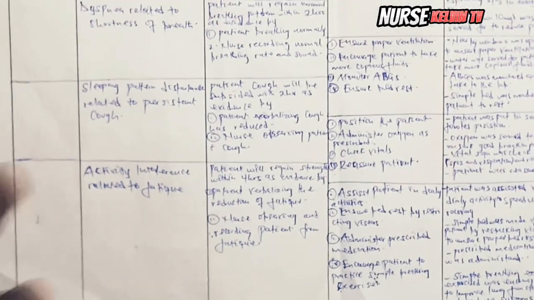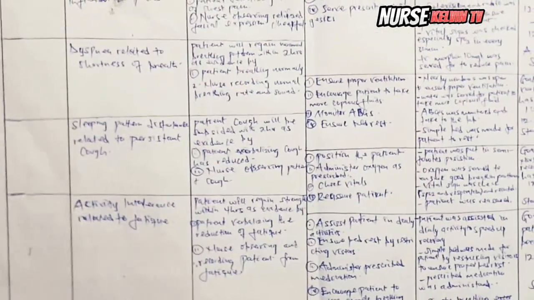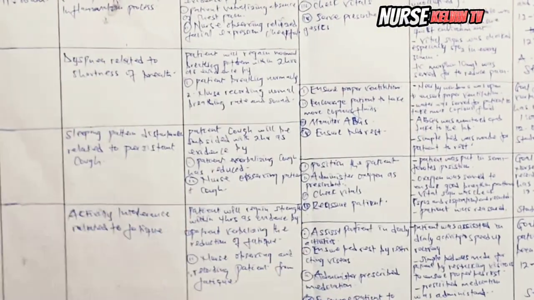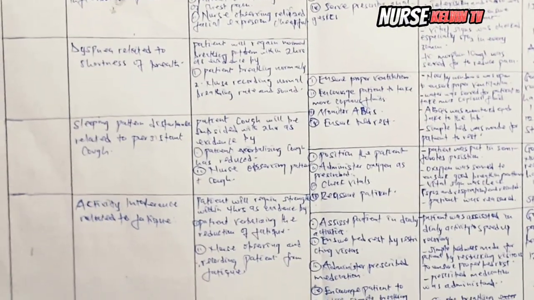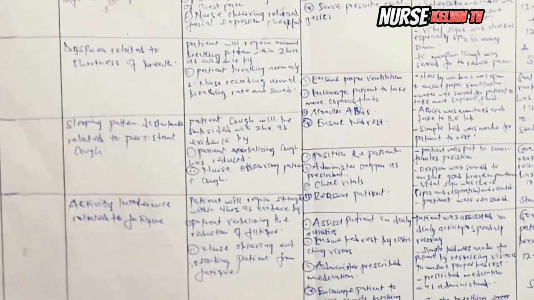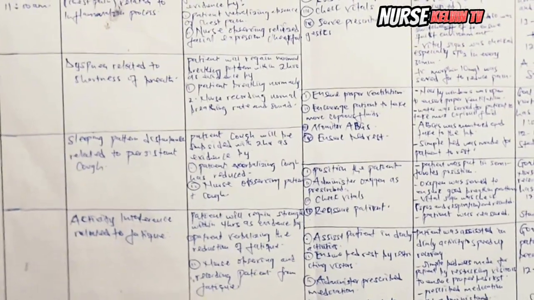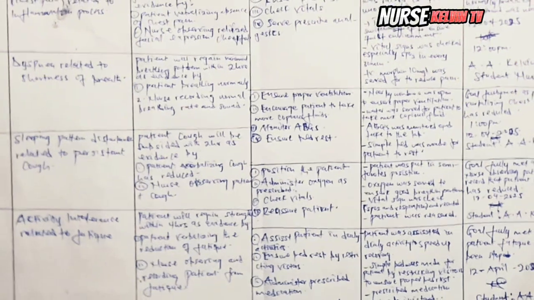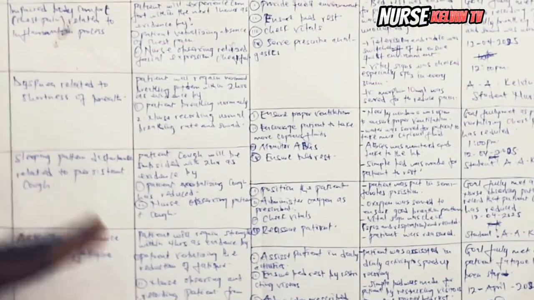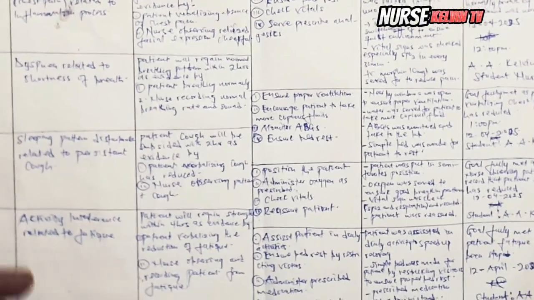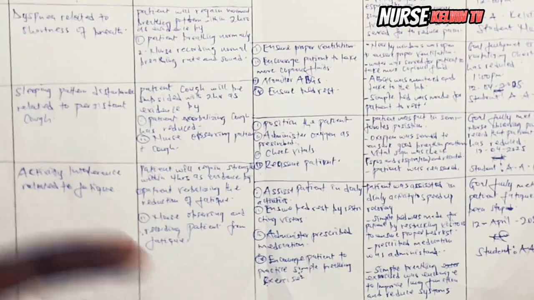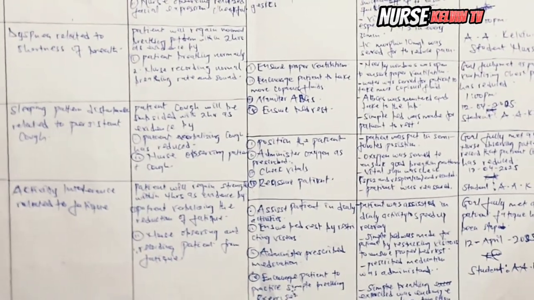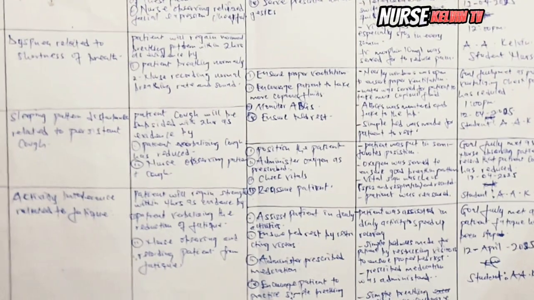Then the nurse observes and records that the patient is recovering from fatigue. The nurse observing the patient will see that the fatigue is going down, and will let you know that within this hour the patient will be free from the fatigue.